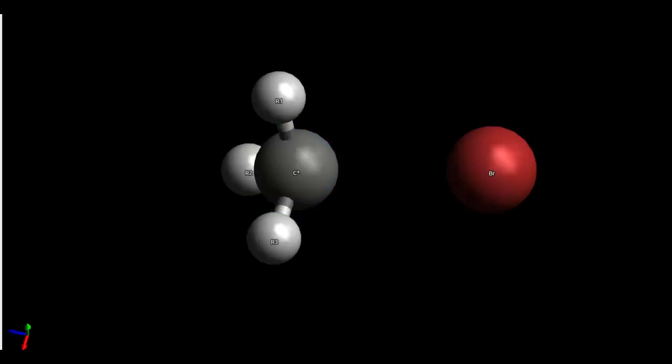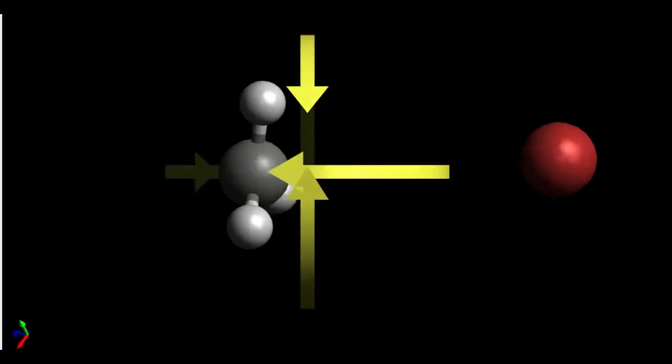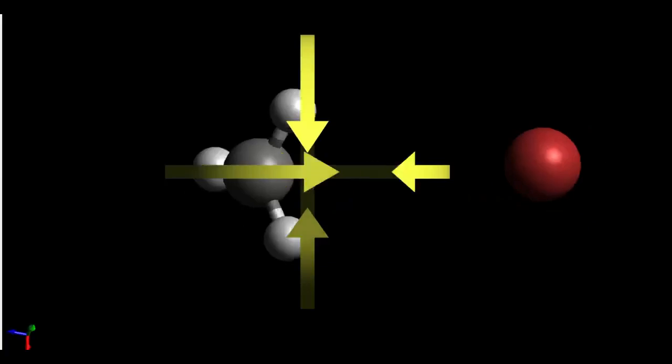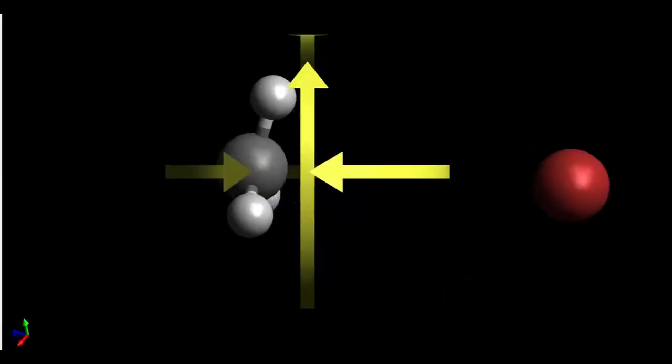Just observe what happens to the structure when the alkyl halide goes from an sp3 to an sp2 hybridized carbon. I can immediately see that the structure, which was tetrahedral, because it is now sp2 hybridized, has become more like a planar molecule.